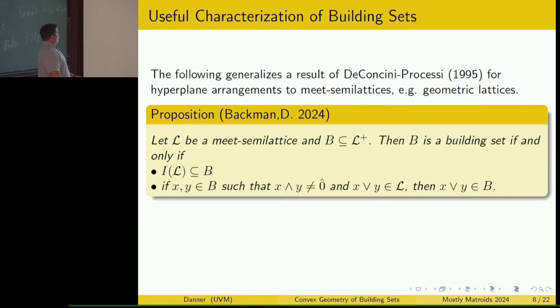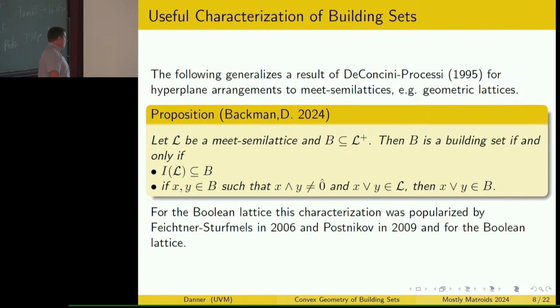Okay, so this was generalized to arbitrary meet semilattices. Dagon and Procesi had it for hyperplane arrangements, but it turns out to be true in general. For the Boolean lattice, this characterization was kind of lost for a little while until it was popularized by Feichtner and Sturmfels in 2006, and Postnikov, I think that date's wrong.